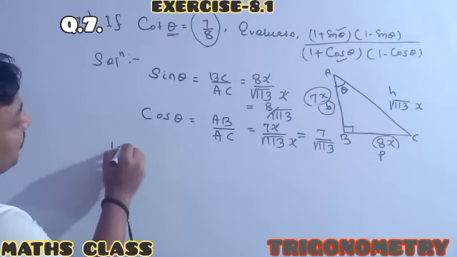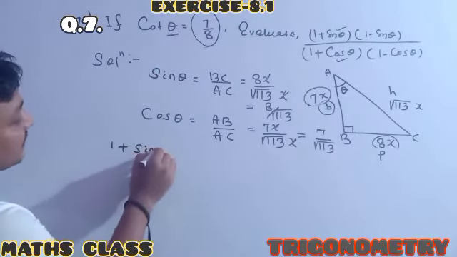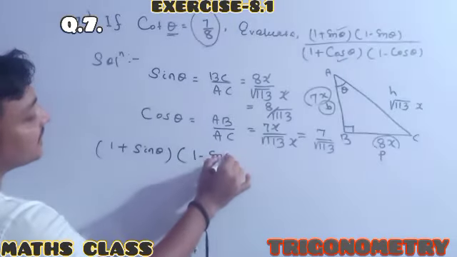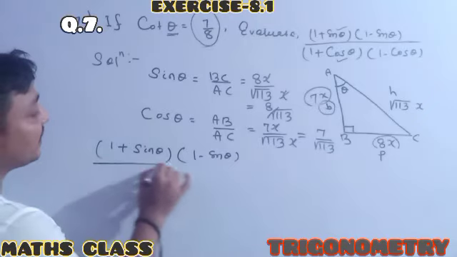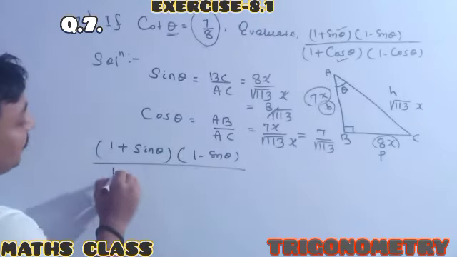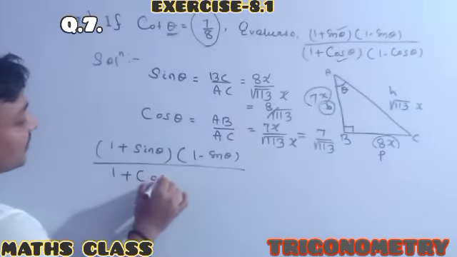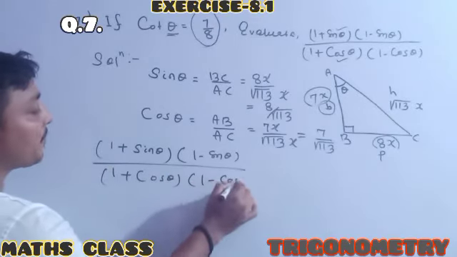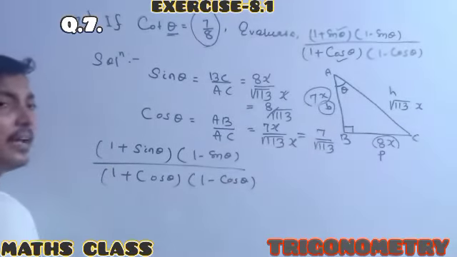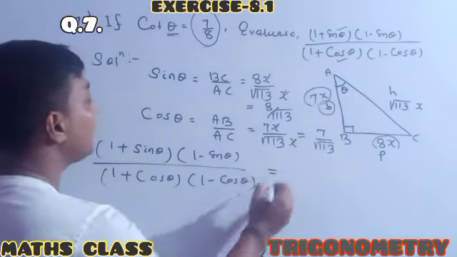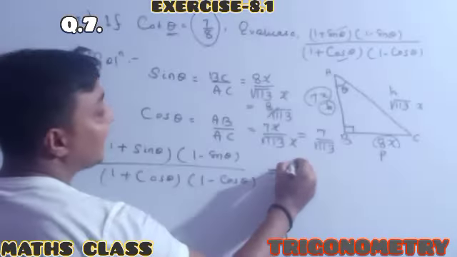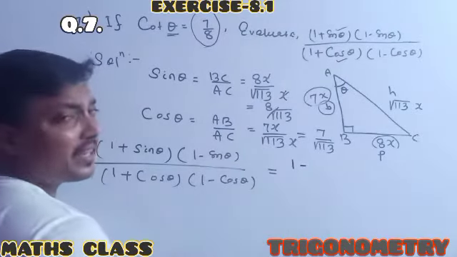See, 1 plus sin theta whole into 1 minus sin theta, divided by 1 plus cos theta whole into 1 minus cos theta. Everyone see, a plus b whole into a minus b, I can write as a square minus b square.